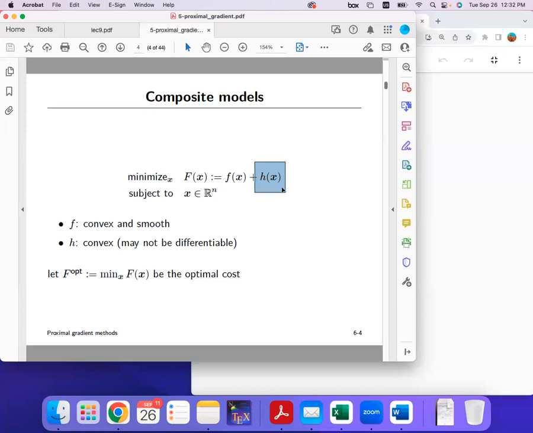This h(x) function is what we usually call the regularizer. So we impose this function to regularize the problem, to penalize the problem solution in a certain form. For example, if we want to constrain the parameter x, then we can design h(x) as the indicator function on the constraint set.